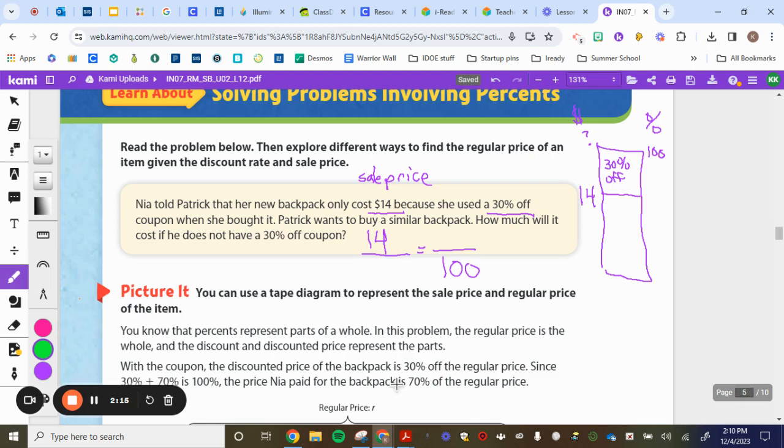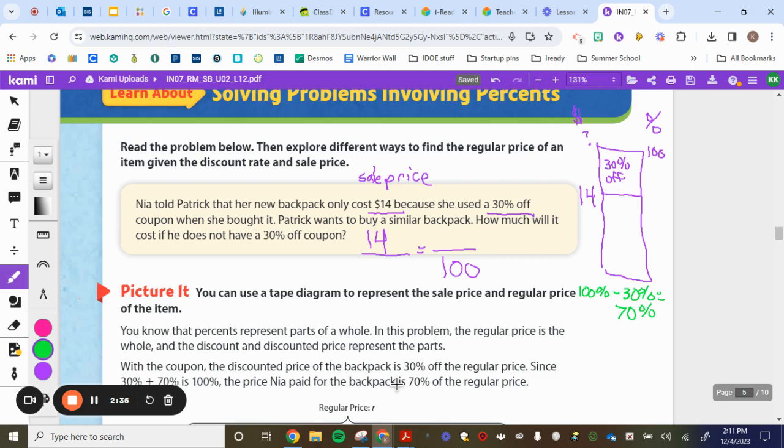So we did a question similar to this, where instead of subtracting the money, we can subtract the percents. So 100% is the total price. If I do 100% minus 30%, I will get 70%. And that is what you see in the model too.